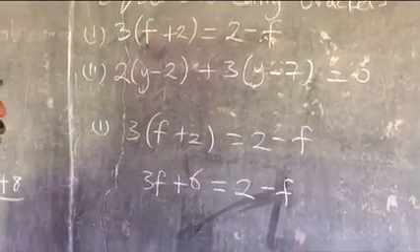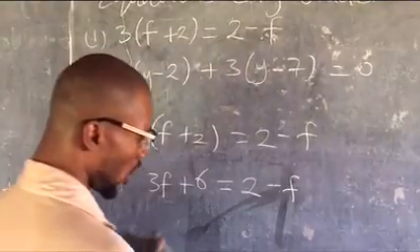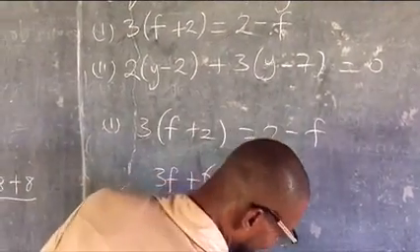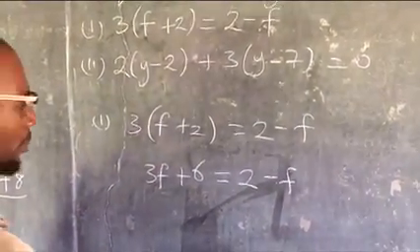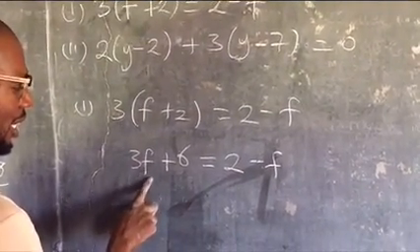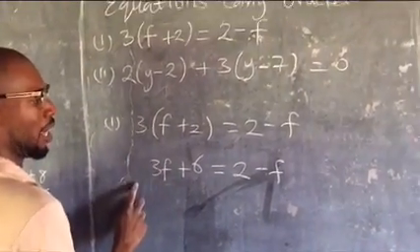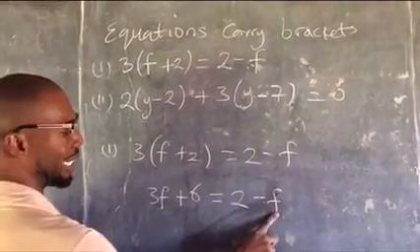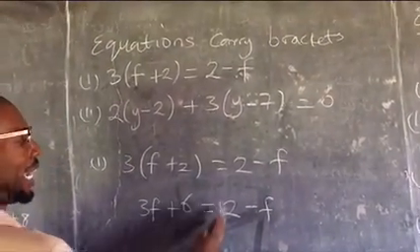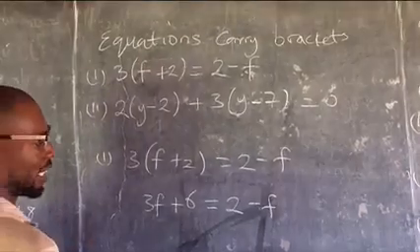Now remember when I said we could collect like terms? So the idea behind collection of like terms is, since f is here, what we will do is bring the f to one side. By making the f on one side 0, we make the numbers on the other side 0.